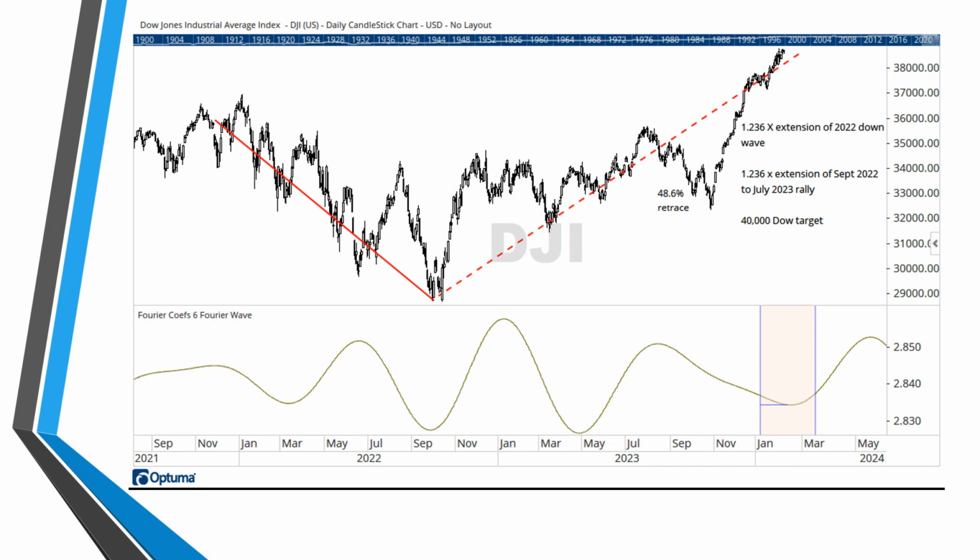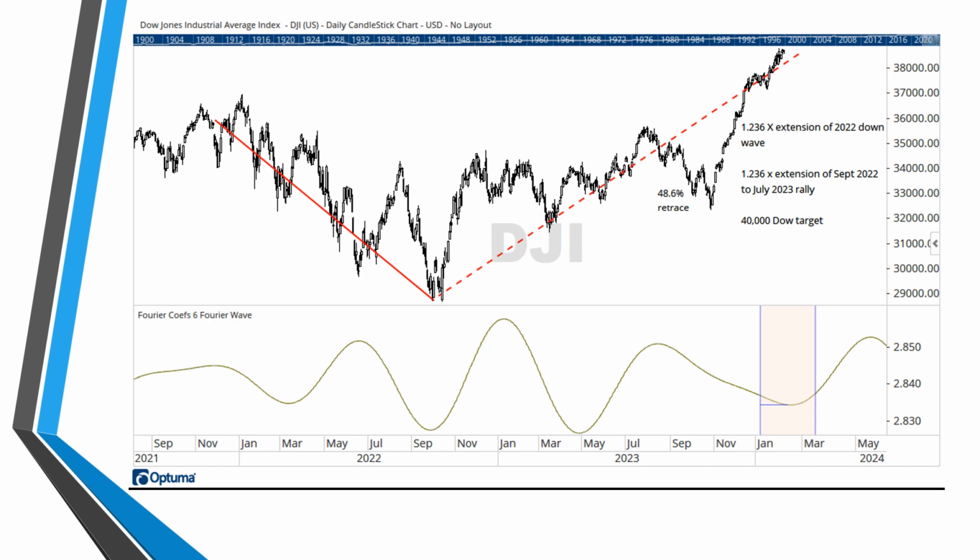So again, Fibonacci is telling a story here. We are now on our way to a 1.236 Fibonacci extension of the entire 2022 downwave.